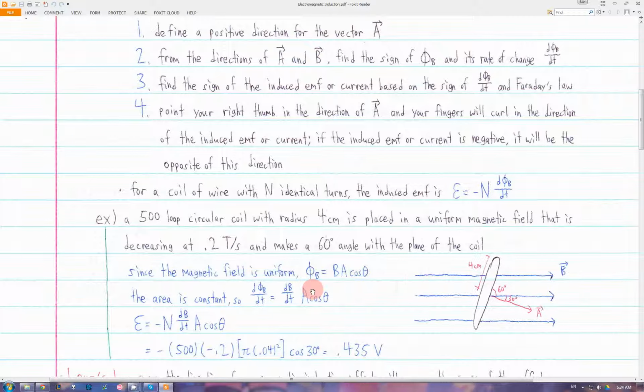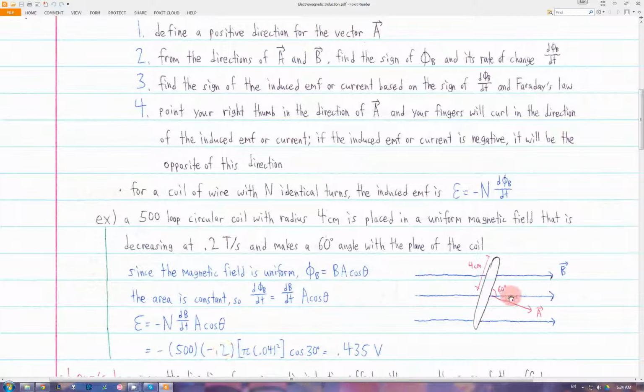So the derivative of the magnetic flux is the same thing as A cosine theta, times the time derivative of B, the magnetic field. And we know that is negative 0.2 since that's how fast it's decreasing. So now we just use Faraday's law, including the number of coils, and plug everything in.